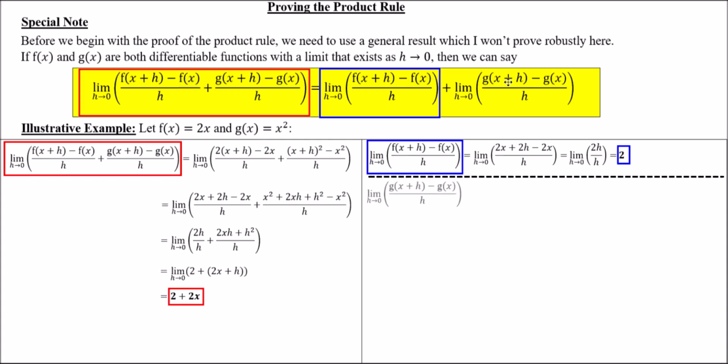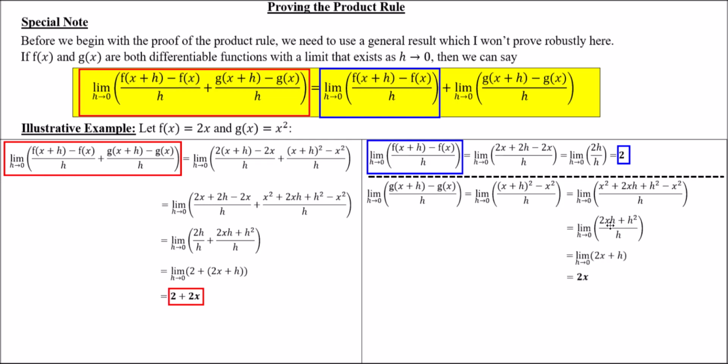Well, this would be x plus h all squared minus x squared over h, which expanded out gives us this. The x squareds will cancel, giving us this line. The h's will cancel to give us the limit as h approaches 0 of 2x plus h, which of course, as h vanishes to 0, is just 2x. And so this limit in green is just 2x.